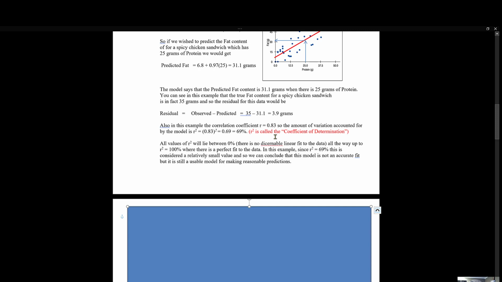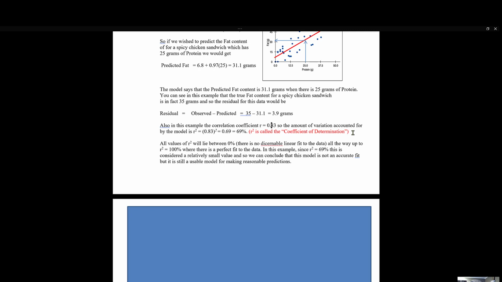A lot of the time we don't use the r value, but we square it and we get this fella here, 0.69, which is converted to a percentage. And r squared is called the coefficient of determination. So in this case, 69% is kind of middle of the road. You really would like r squared, the coefficient of determination, to be like 80s and 90%.